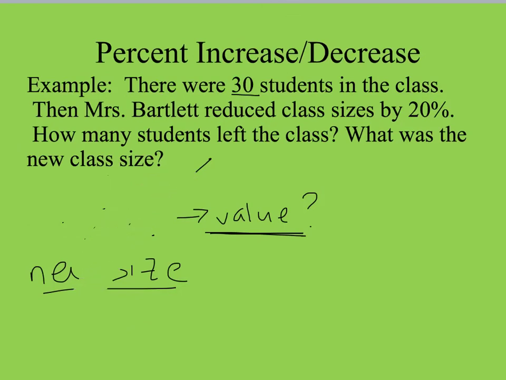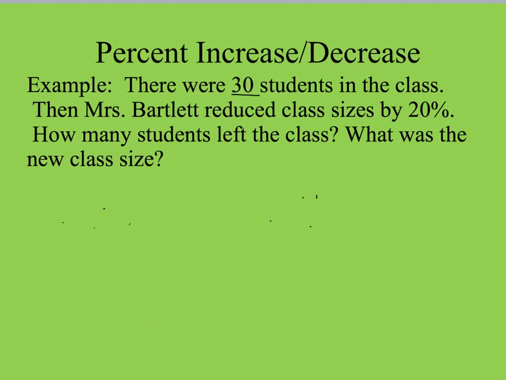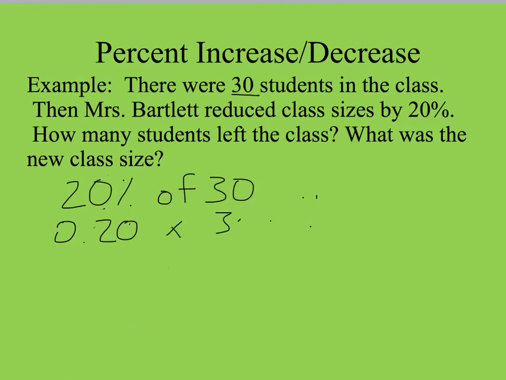So to start this one, we should probably find out what 20% of 30 is. So let's start with that. So 20% of 30. This will tell us how many kids left. 0.20 times 30 is 6.